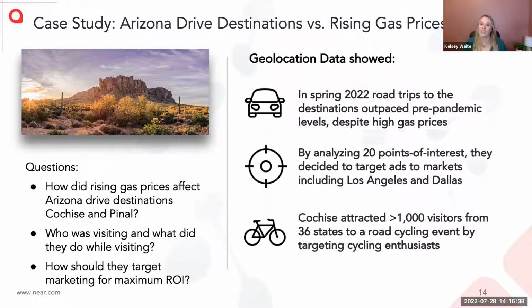And then Cochise County attracted over 1,000 visitors from 36 states to a road cycling event by targeting cycling enthusiasts. So they actually used the data to target advertisements to people who are interested in cycling, and it really worked out, since they got people from 36 different states.